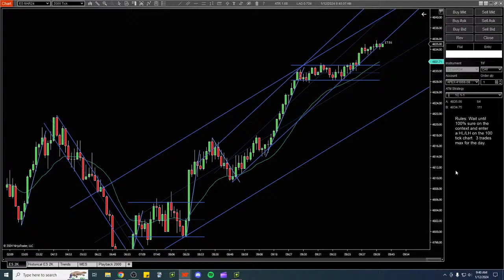So now is this trend line going to continue to hold, or is it going to break? Looks like it's probably going to break here, and prices are probably going to return back to the EMA.